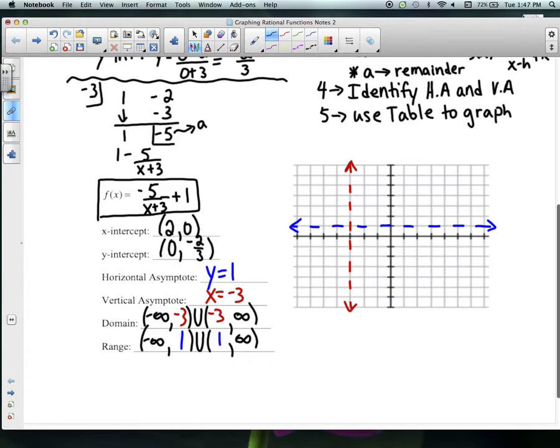All right, and for table purposes, again, we're going to use that original starting table. We're going to use the stretching, and then we're going to do the 2 translatings.